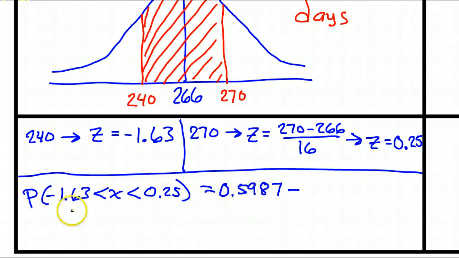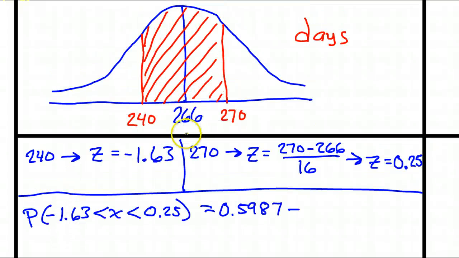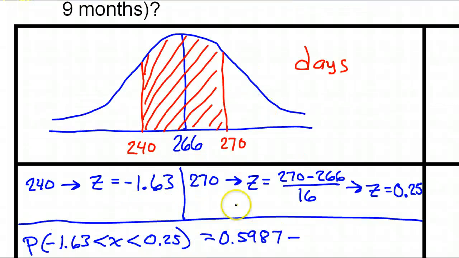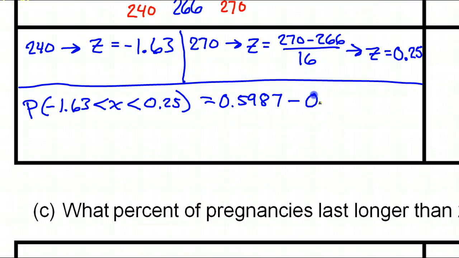Okay, so the lower one, we already did it before, so I'm just going to look back and see what we got. When we had negative 1.63, that came out to be a probability of 0.0516. So we'll do minus 0.0516.